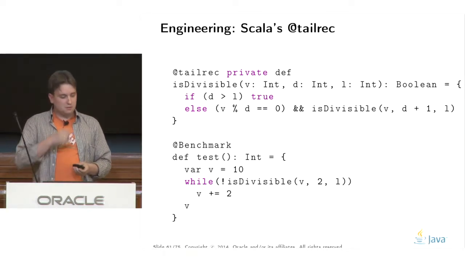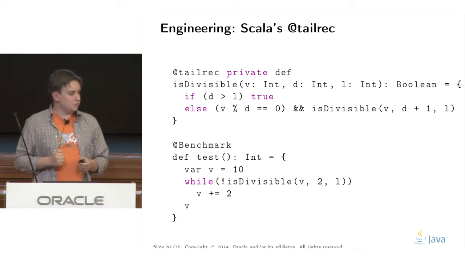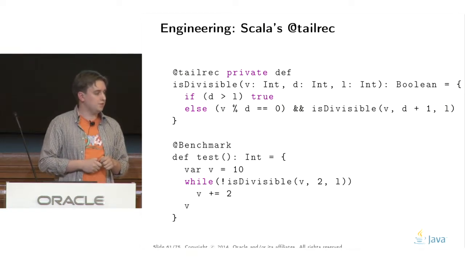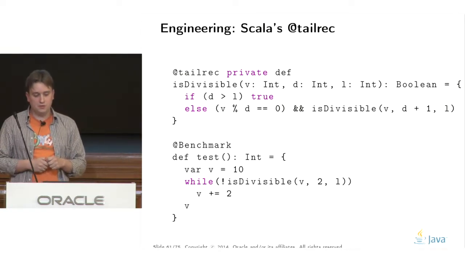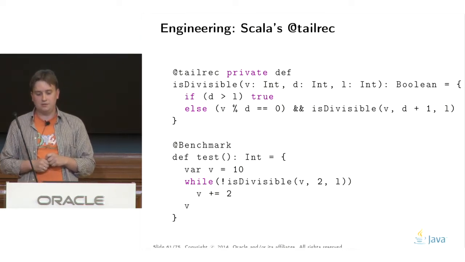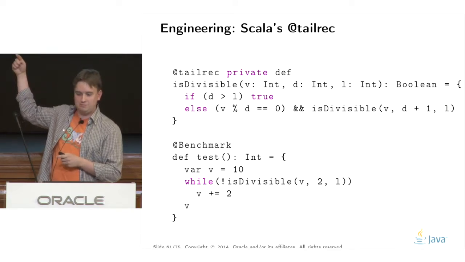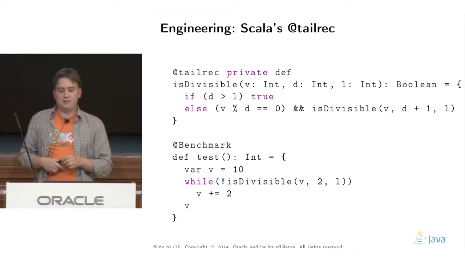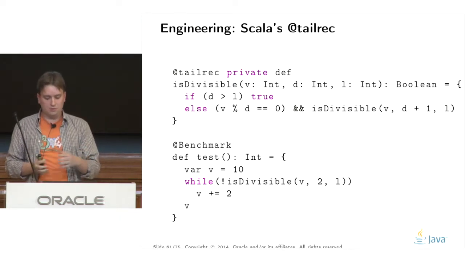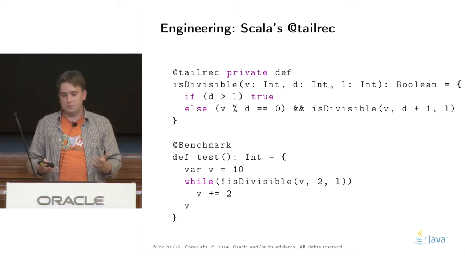They said, we'll try to do some basic arithmetic. And the isDivisible method there actually checks whether the value v is divisible by all the divisors between starting d and limit L. So this is actually a tail recursive loop by d, right? And in your benchmarks, you try to find the first integer which is divisible by all the divisors from 2 to L. This is a very nice benchmark.